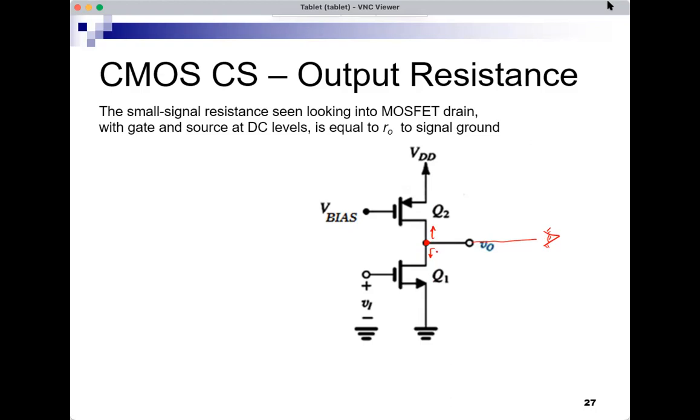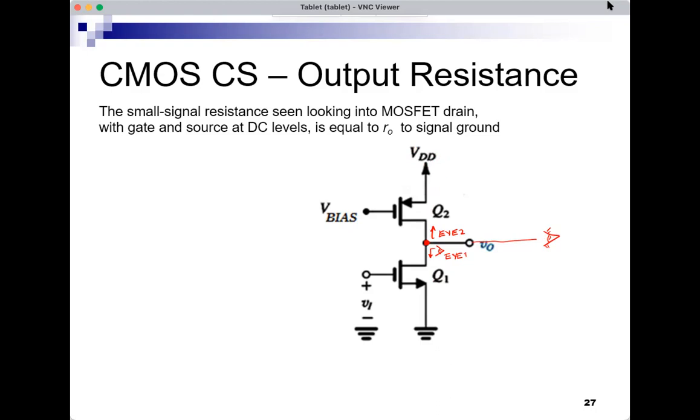So this I1 will see something looking down, and this I2 will also see something looking up. It's also looking up, but towards ground, because this becomes signal ground.